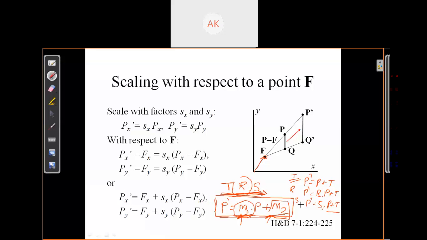So how can we efficiently calculate this sequence of transformation? We need a general form of this equation. We want to remove this term so that only one term, the multiplicative term, remains.